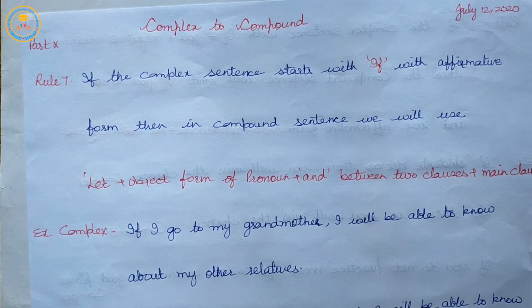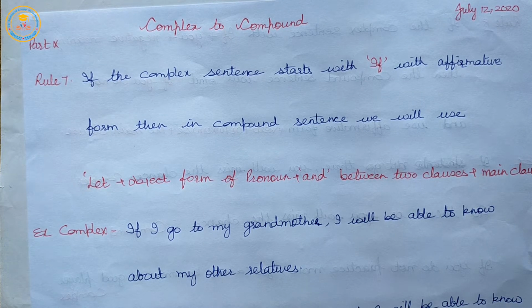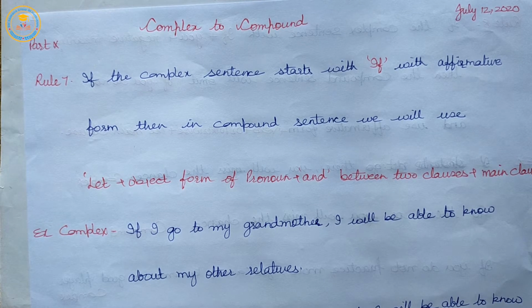Listen carefully. If the complex sentence has who, while transforming it into a compound sentence, we will replace who with and, and the object of the first clause will be the subject of the second clause. And in our sixth rule, we read that if the complex sentence starts with if and has a negative form, then the compound sentence will be let plus object form of pronoun plus positive form of subordinate clause plus or otherwise plus main clause.